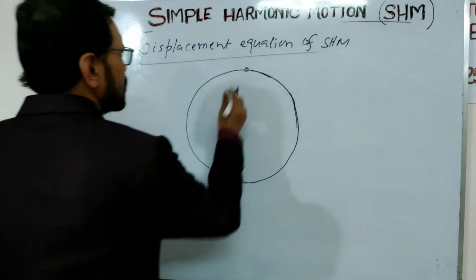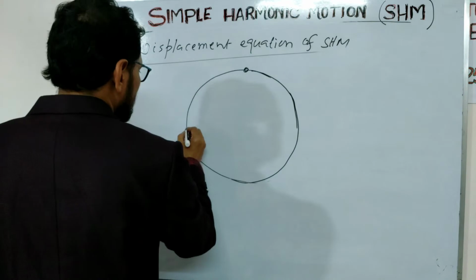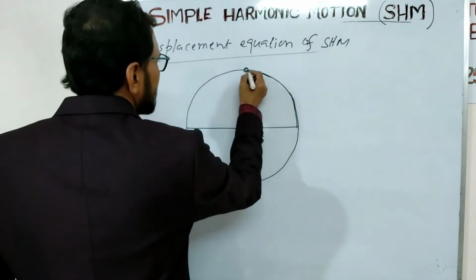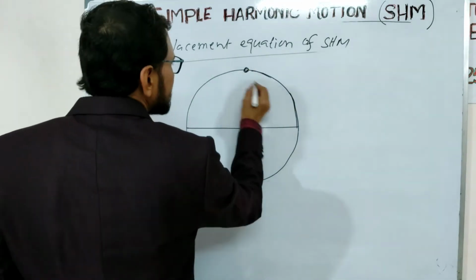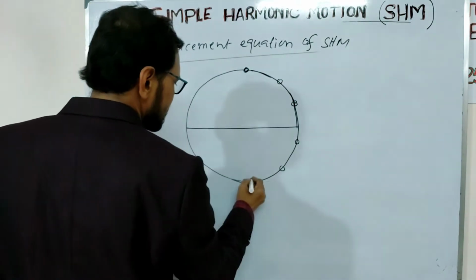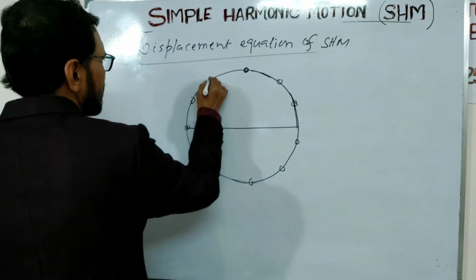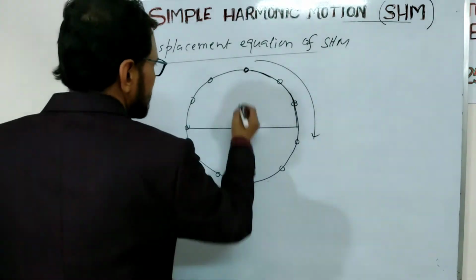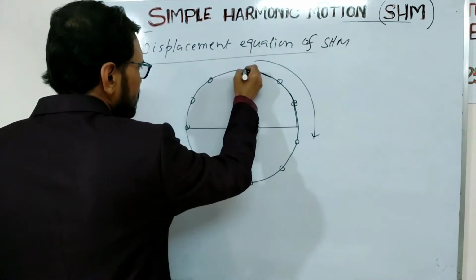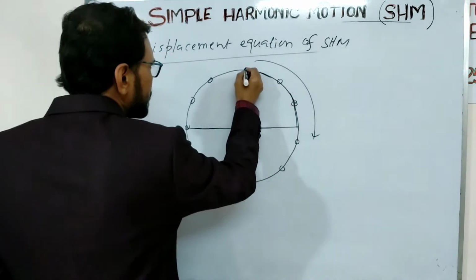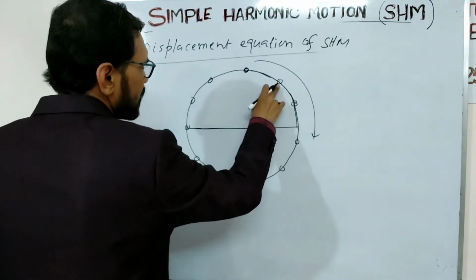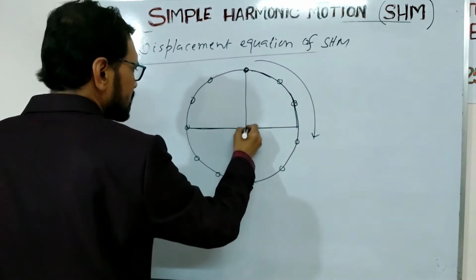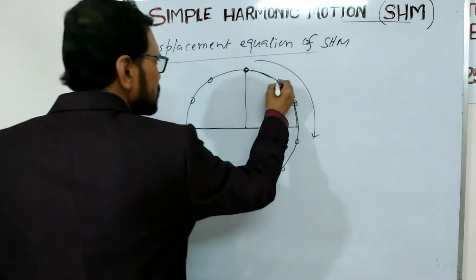Suppose this is the diameter of the circle, and the particle is here. Now if we draw the perpendicular on the diameter from every particular position of the particle, suppose we draw the perpendicular.